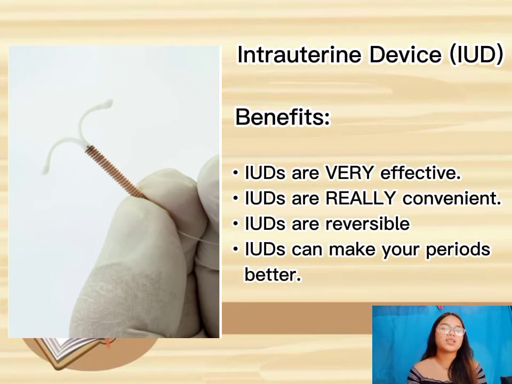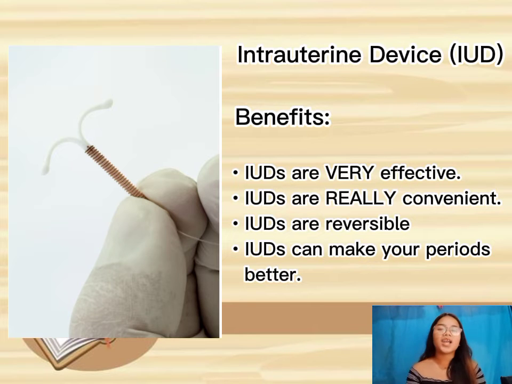You can get pregnant after taking out an IUD. Third one, IUDs are reversible. If you decide you want to get pregnant, you can get it removed at any time. IUDs won't affect your fertility or make it harder to get pregnant in the future.